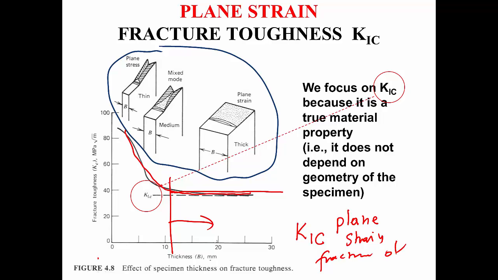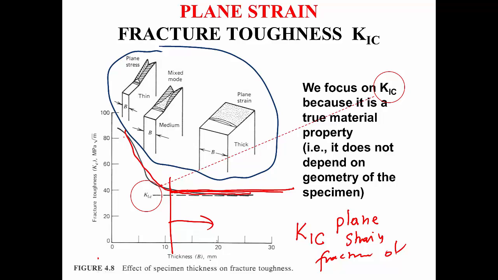And essentially this is a value that is independent of the geometry, because for any value larger than this critical one, there's no variation of this property. And so it is this value that we are interested in characterizing when we have a new material, rather than the whole curve, for two reasons.